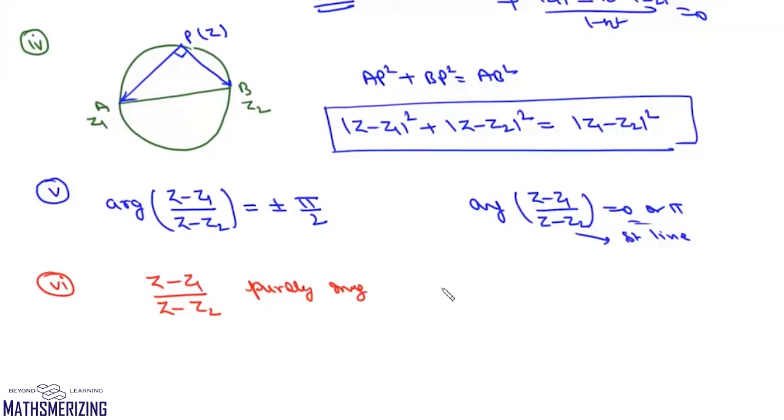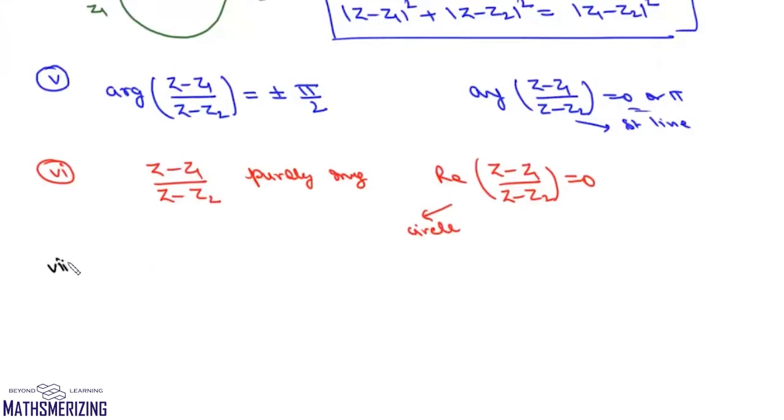So another way to write this equation is in terms of its real part. So if the real part of (z − z1)/(z − z2) is 0, then it again represents the equation of this same circle. And if the imaginary part is 0, then we already know it will represent a straight line.